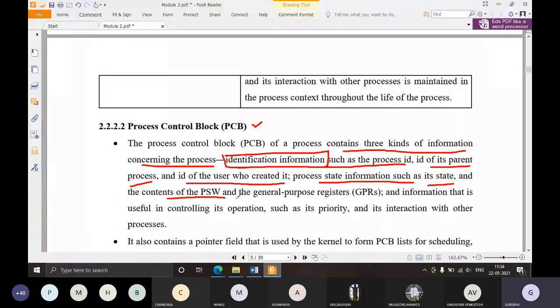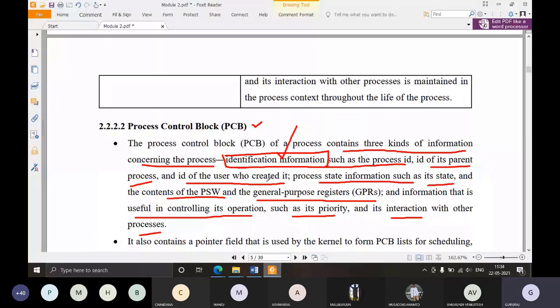Then there is the information useful for controlling its operation, such as priority and its interaction with other processes. So the PCB contains three kinds of information. The first is identification information, such as the process ID, its parent's ID, and the ID of the user who created it.